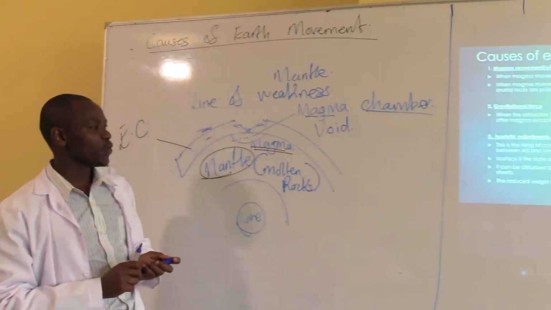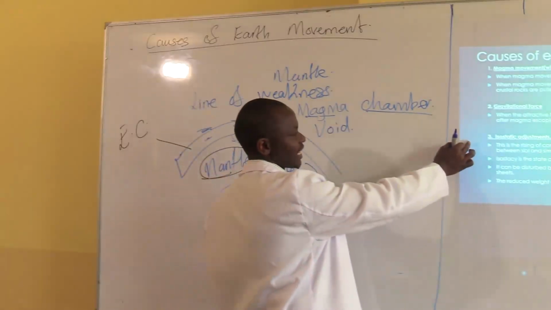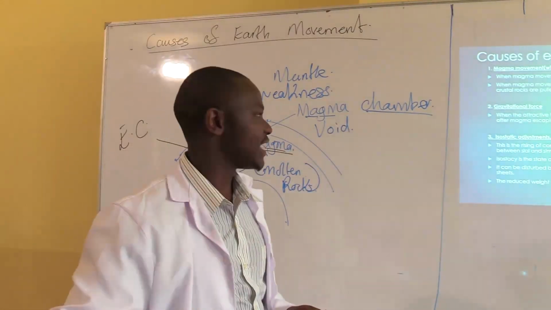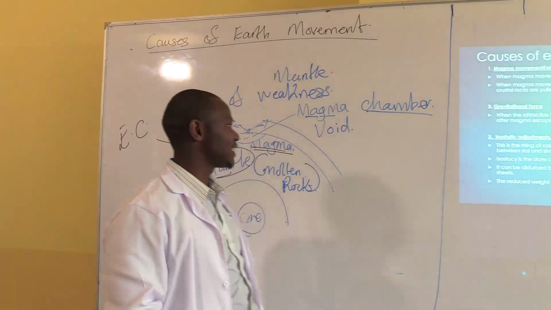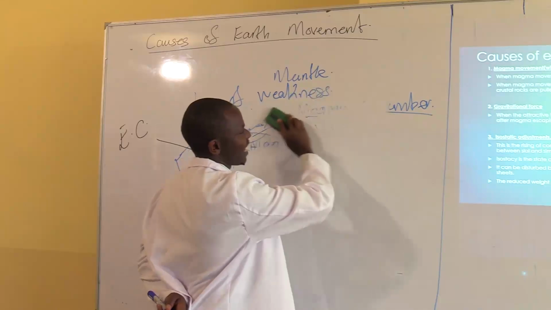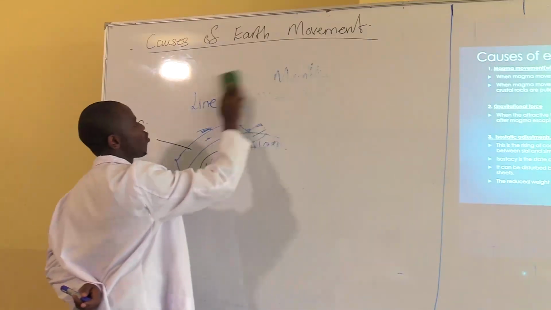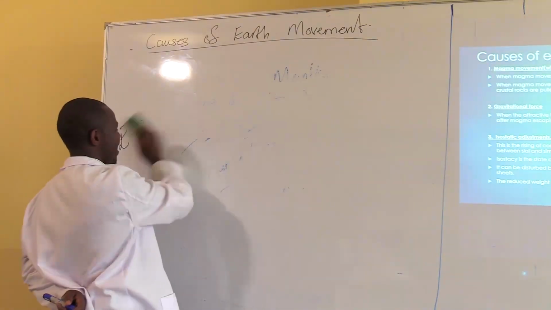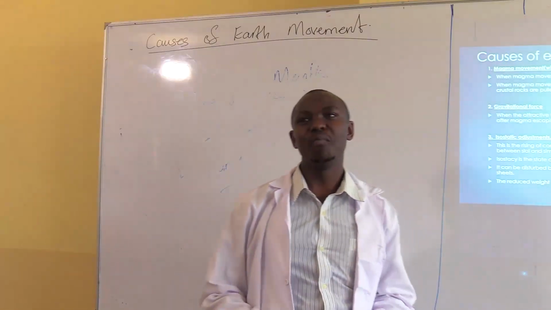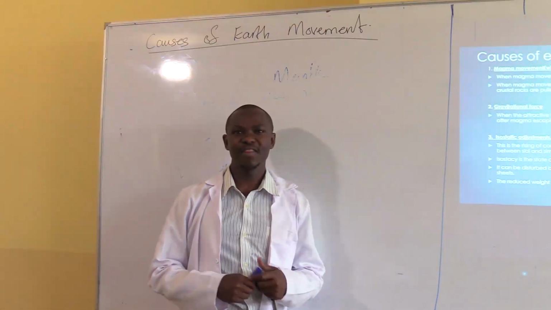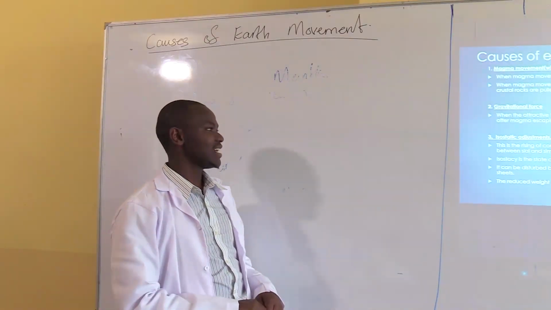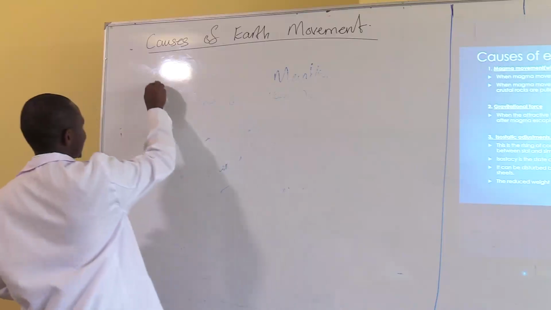The next one, we have here isostatic adjustments. Isostatic adjustments as our third factor. Isostatic comes from the word isostasy. And isostasy has been defined as the state of balance between the sima and the sial. That is what isostasy is.